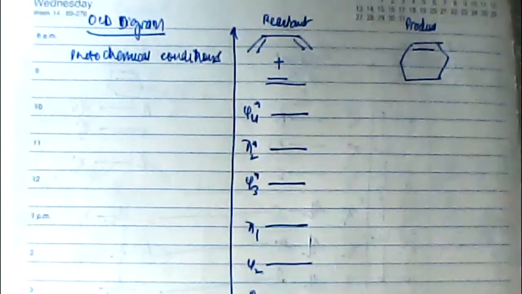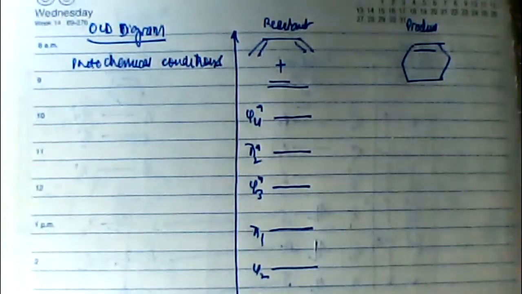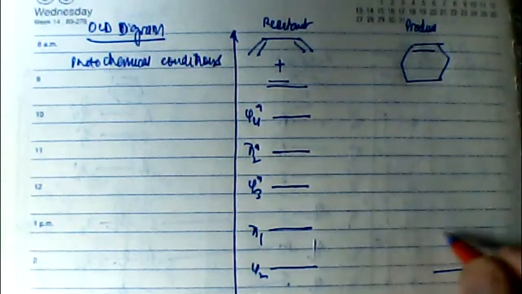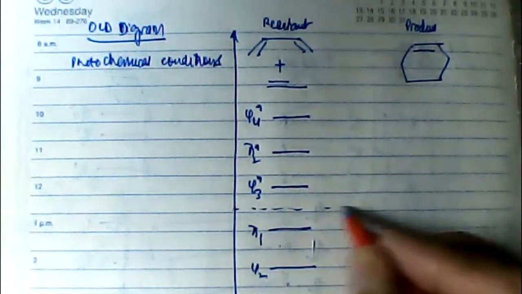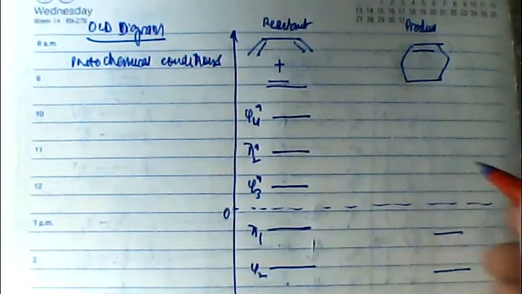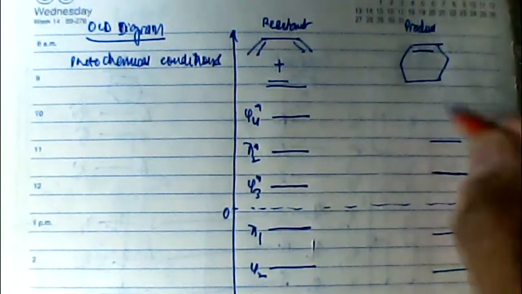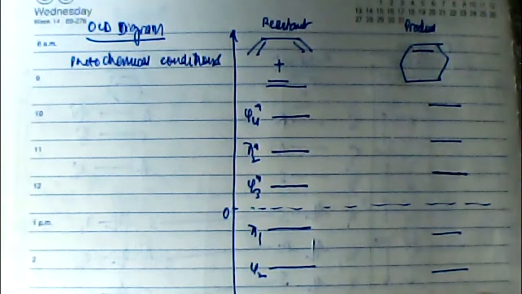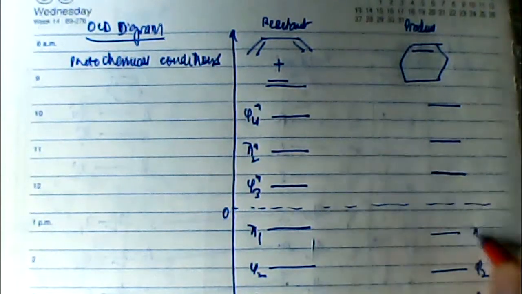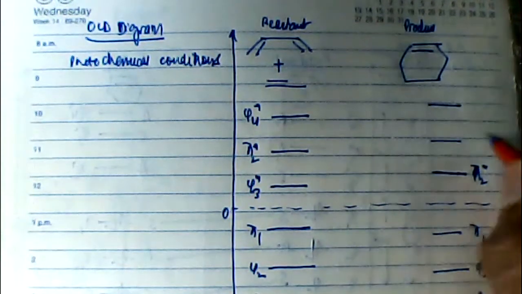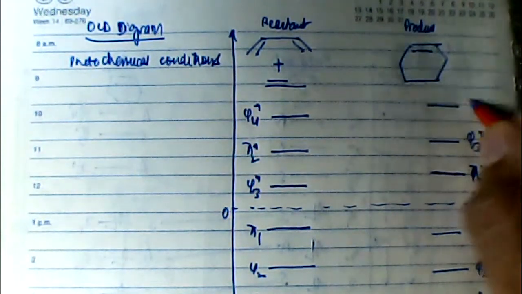This is the same as what we have discussed just now. Similarly, on the product side, I had Phi 1, Phi 2, Pi 1, with zero of the energy, then Pi 2 star, Phi 3 star and Phi 4 star.